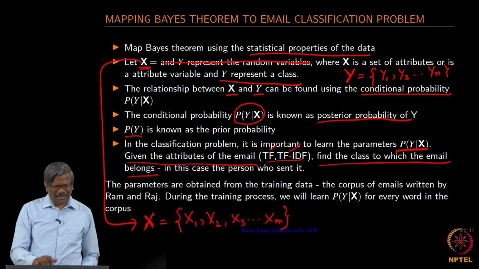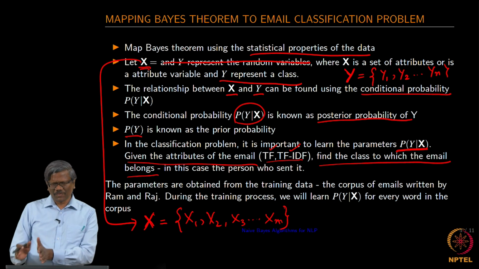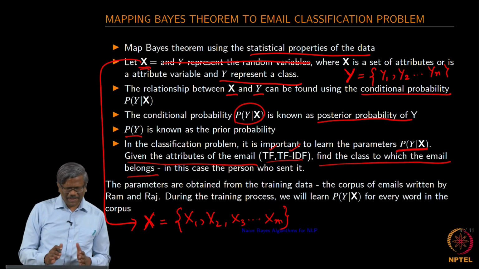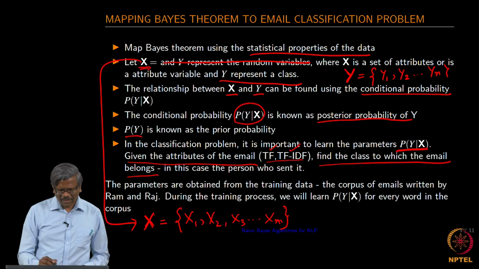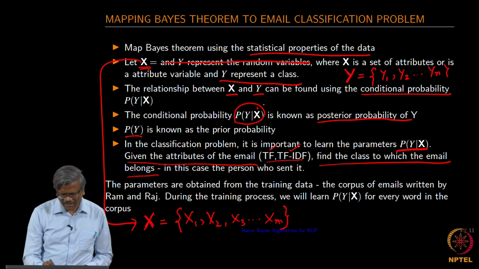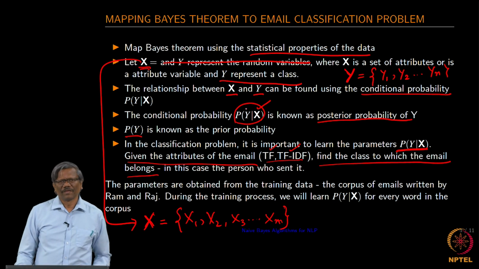Okay, so now is this clear? We want to map the Bayes theorem to the classification problem. It is pretty simple. We are trying to find the conditional probability of a set of attributes belonging to a class.